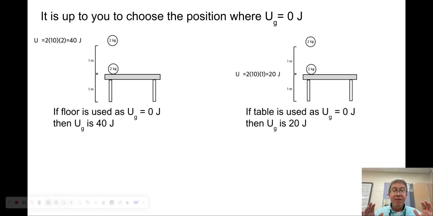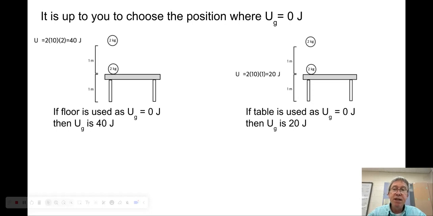Okay, now this is something that some students have a hard time getting used to, so hopefully you can work your way through this. It's up to you to decide what to say is zero potential energy, all right? So, for instance, I have a 2 kilogram ball that's held up here. It's 1 meter above a table, and the table surface is 1 meter above the floor. Well, how much potential energy does it have?